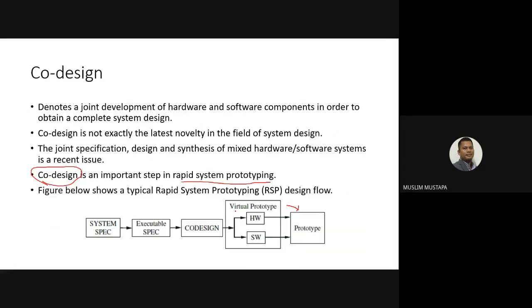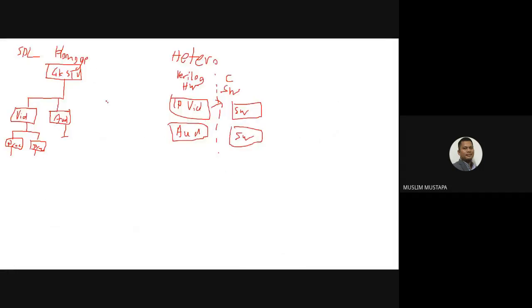That's why here we can see SDL is more of a very structured way. They are using only one language. It's not confusing. Of course, after you finish the SDL, the spec design language, then you need to go into the same process again. But you have a good overview of how you're going to connect the things. But for the heterogeneous, you just go immediately to the hardware.